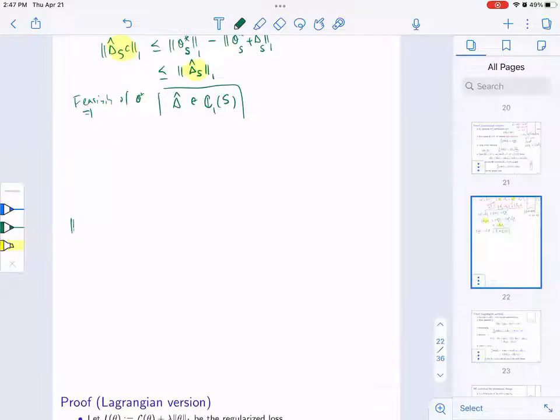If you have a vector, the L1 norm is the summation of x_i, i from 1 to d. And the L2 norm is the root of the summation, i from 1 to d, of x_i squared.